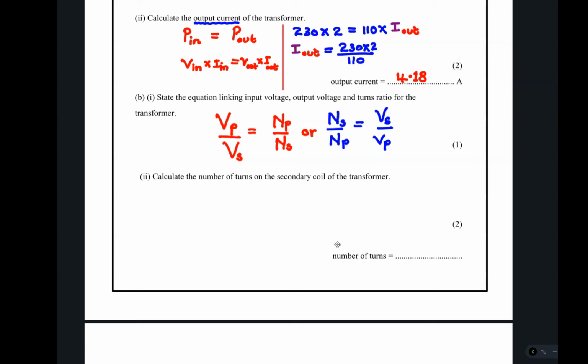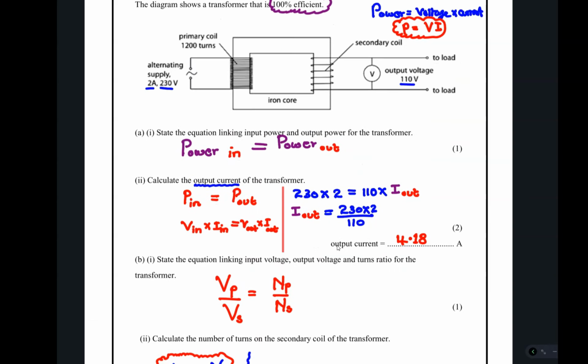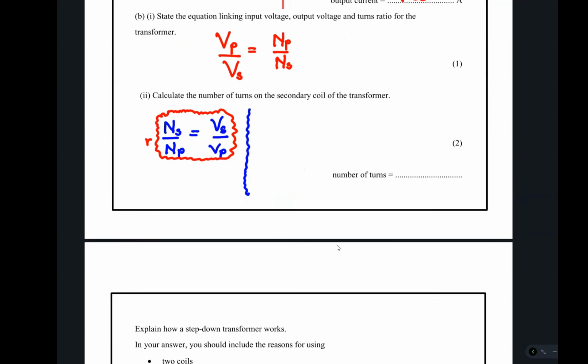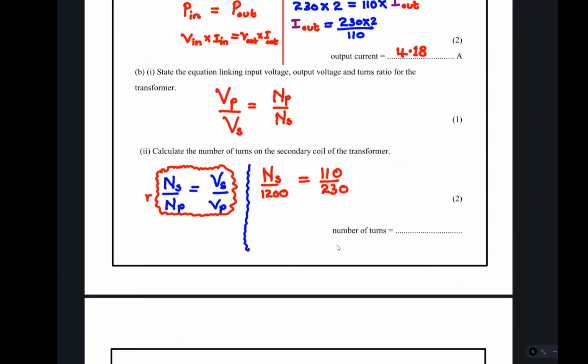And I'm going to use this second form so that I can use it to answer Roman 2, because you are supposed to calculate the number of turns on the secondary coil of the transformer. We have everything. Then we need to substitute all that we have and make NS the subject of the formula, and this becomes that.